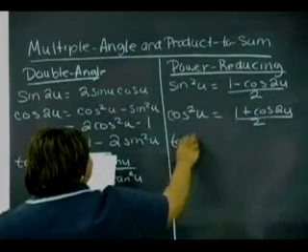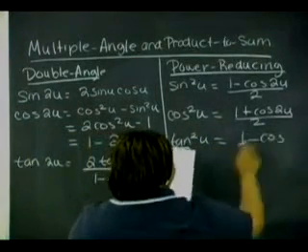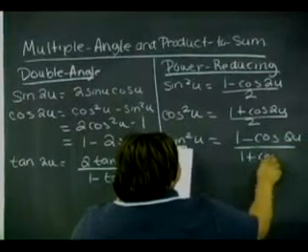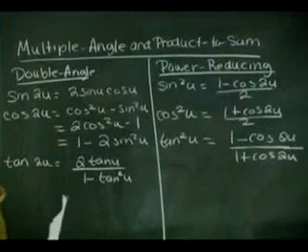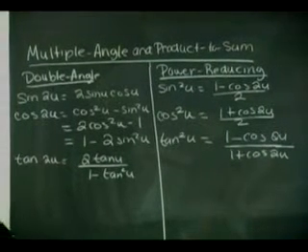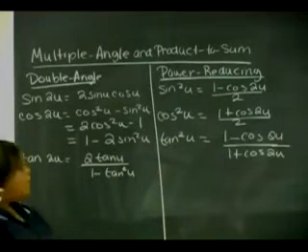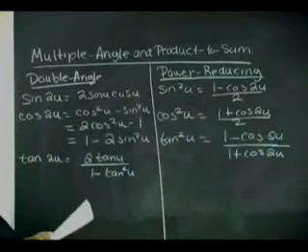And we can break down a second power of tangent as 1 minus cosine 2u over 1 plus cosine 2u. Again, you may find it helpful in calculus to break second, fourth powers down, and then notice we have double angles. You may have to then get into a single angle. Okay?